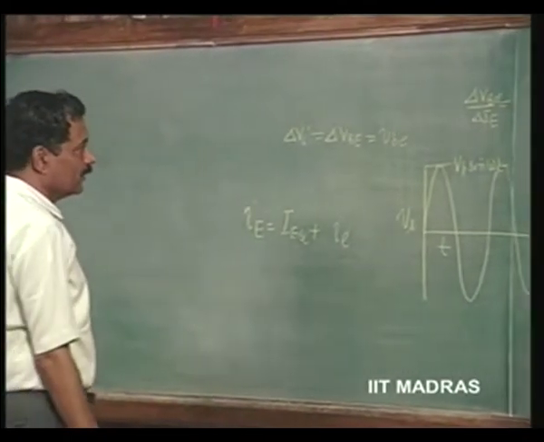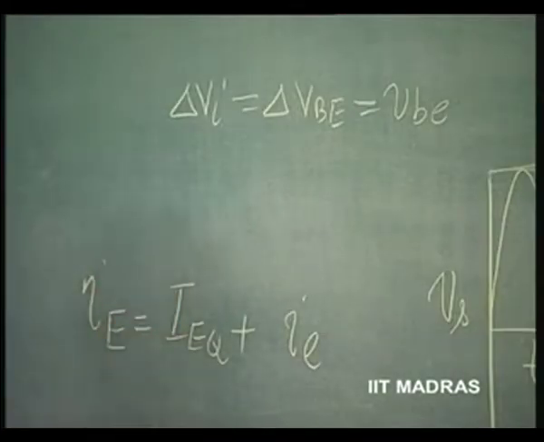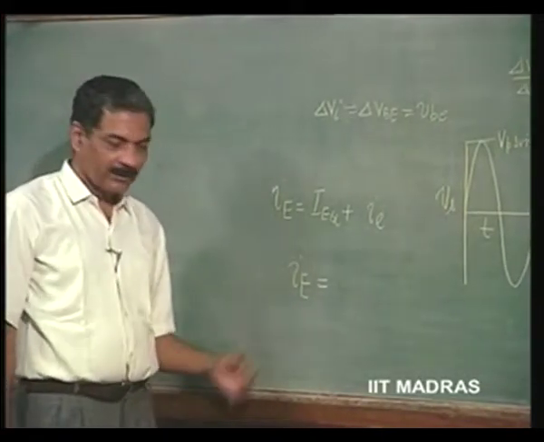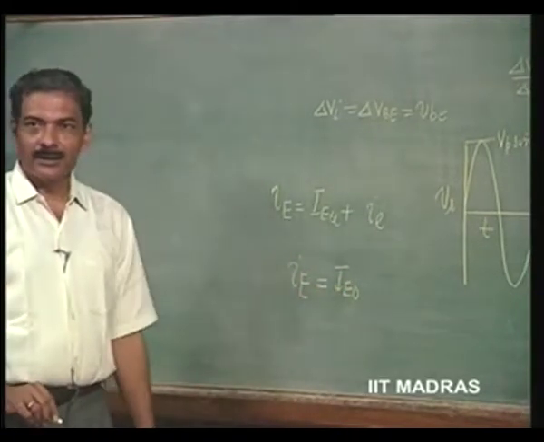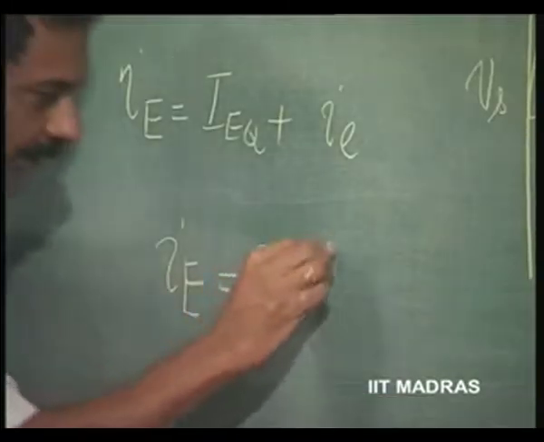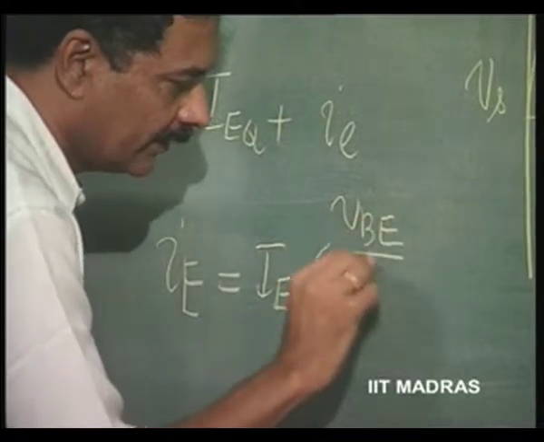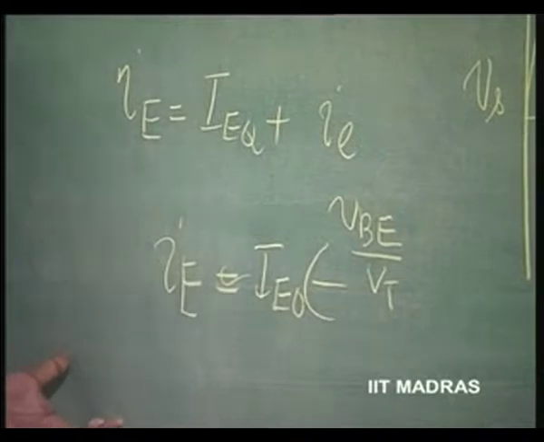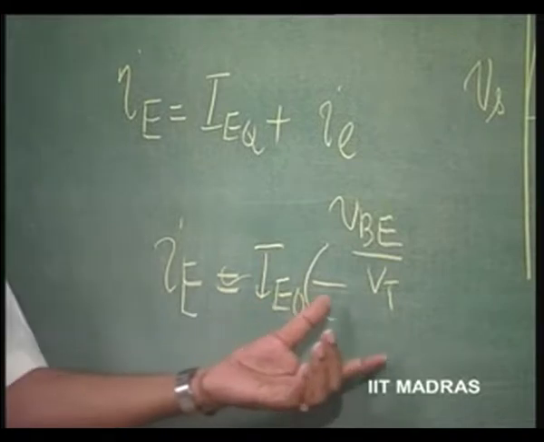So if I have the relationship for IE, this instantaneous value of emitter current is related to this: IE naught, the reverse saturation current, times the exponent of Vbe divided by Vt, approximately, with the minus 1 ignored. This is the diode relationship. IE, the instantaneous value of current, is nonlinearly related to this.